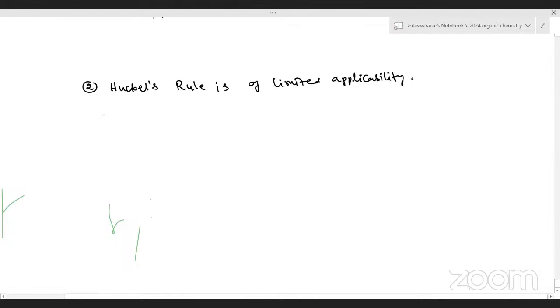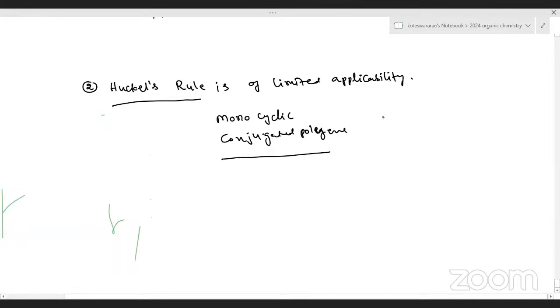According to the definition, Huckel's rule is only applicable for monocyclic conjugated polyenes. So it is explaining the aromatic property of only monocyclic systems.